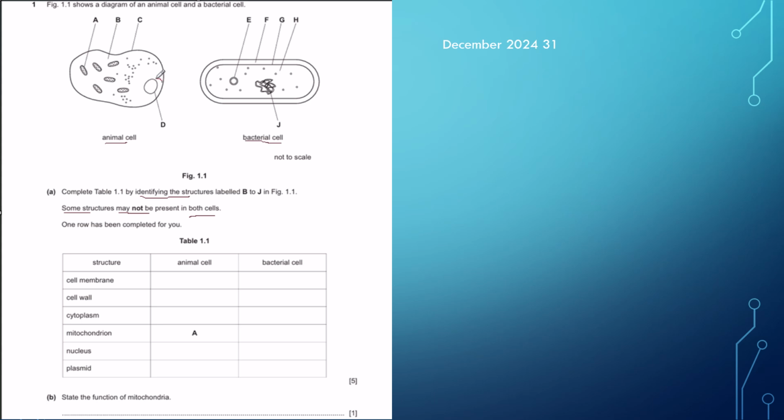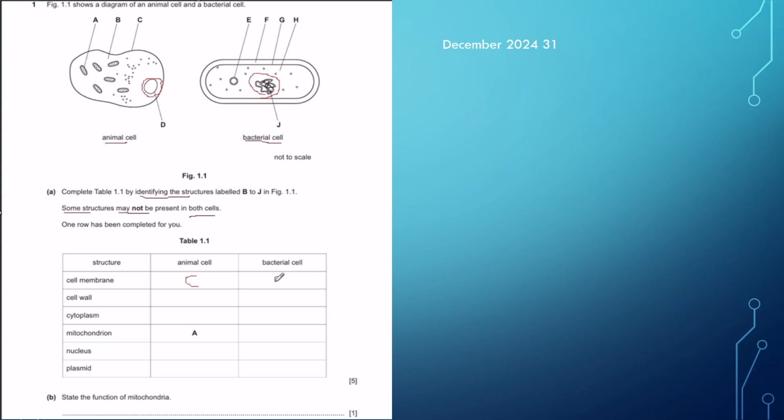As we might quickly notice, our animal cell here is a eukaryote, so we have the DNA in a nucleus, whereas our bacterial cell here is a prokaryote. So let's look. We have a cell membrane here, and we have a cell membrane here.